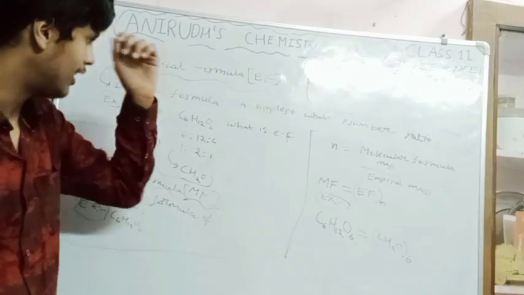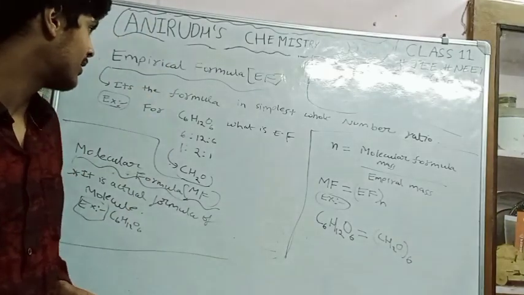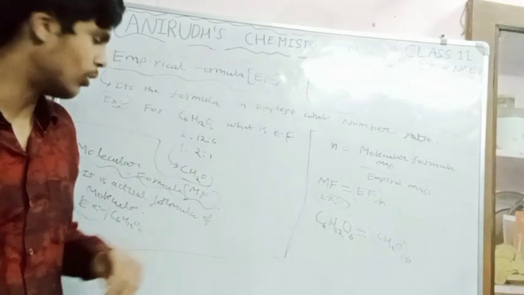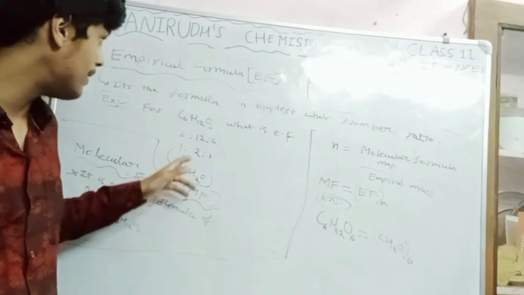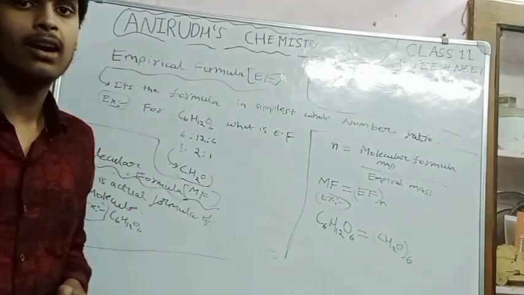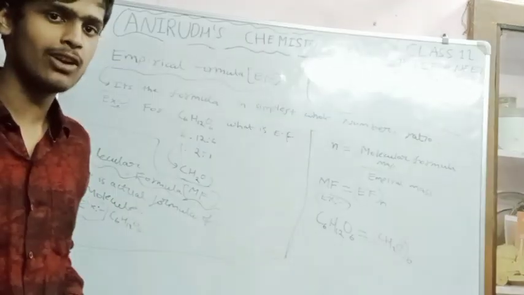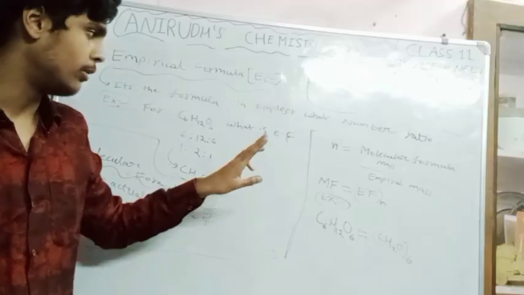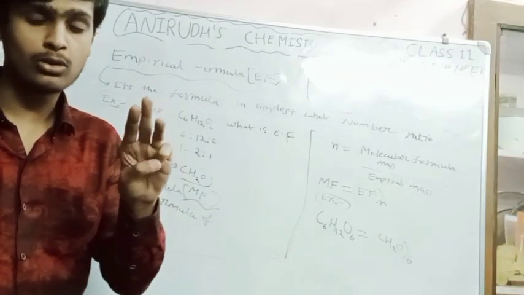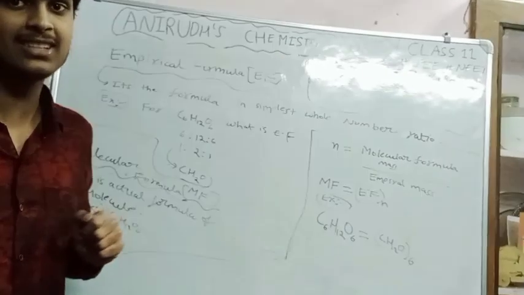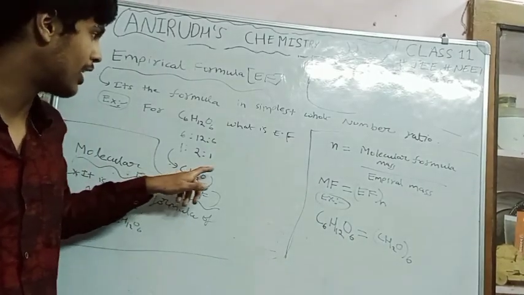Suppose CH2O is there. This CH2O can be the empirical formula of some molecule other than glucose. It can be for some other also. Means you can have two or three more molecules having the same empirical formula. That's the thing I want to convey to you.